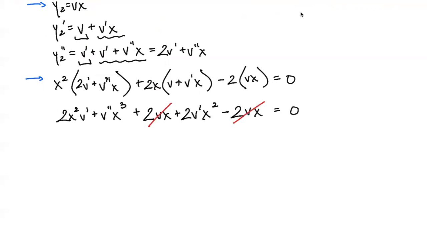Excellent. My 2vx and my negative 2vx cancel out. Every other term has a v prime or a v double prime, but no v. So I could do a little happy dance and say, yay.